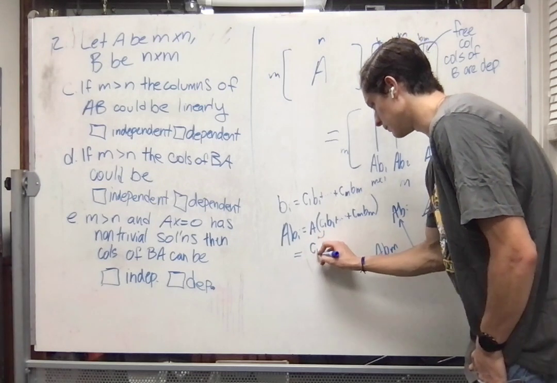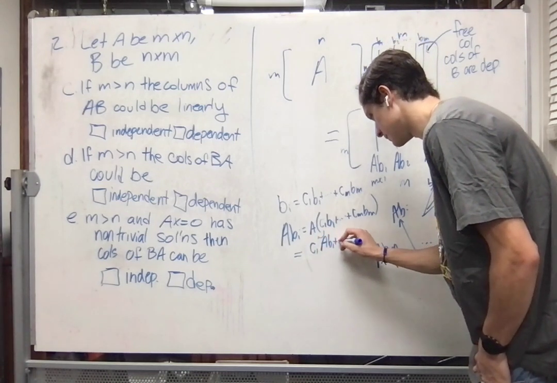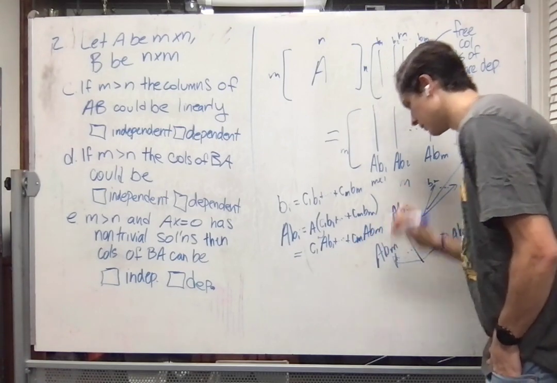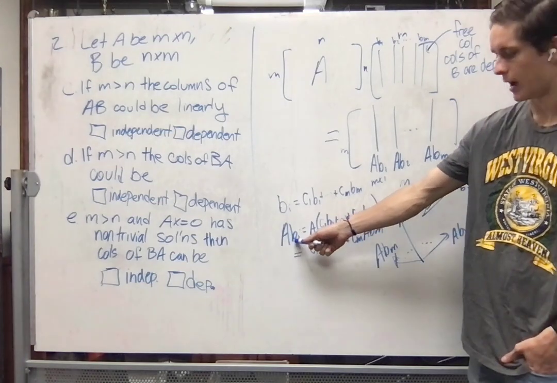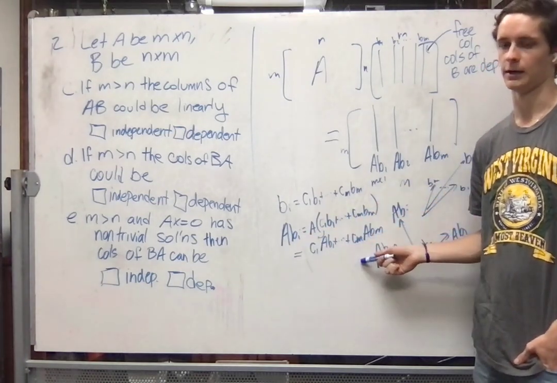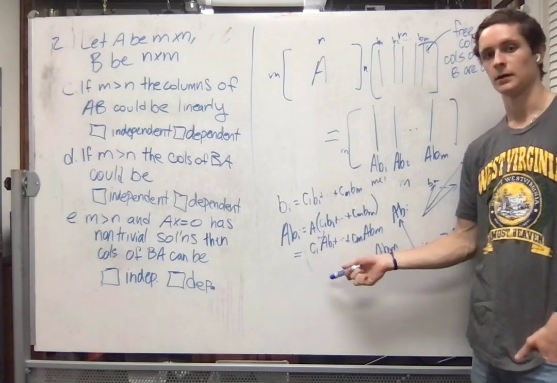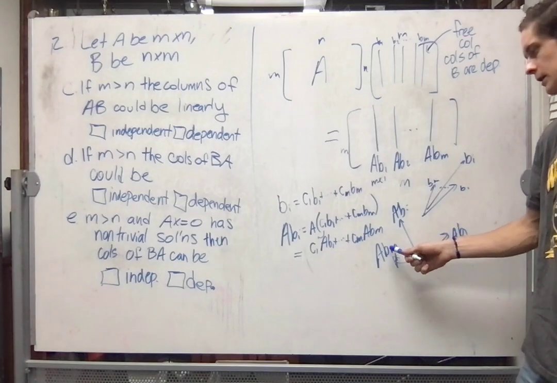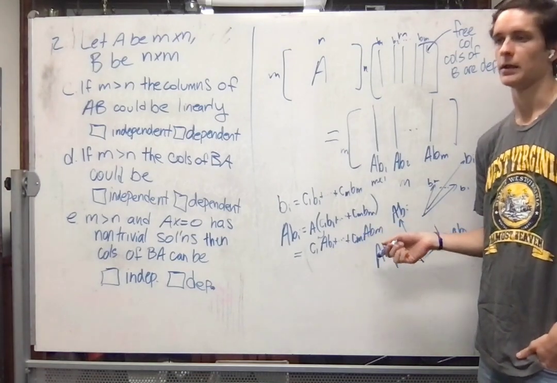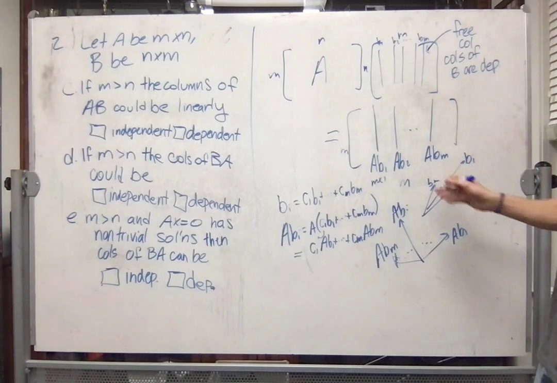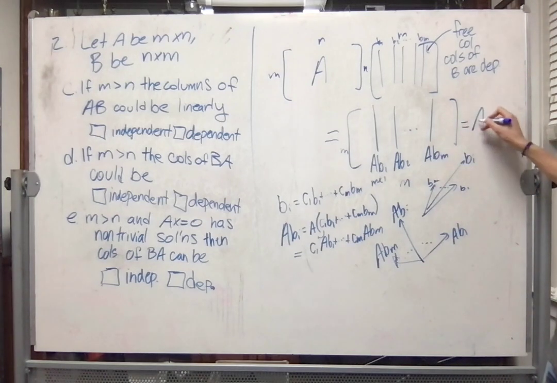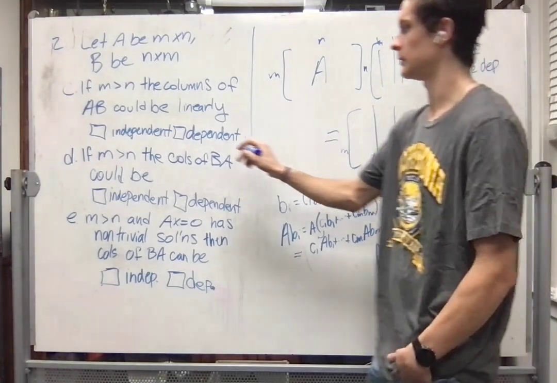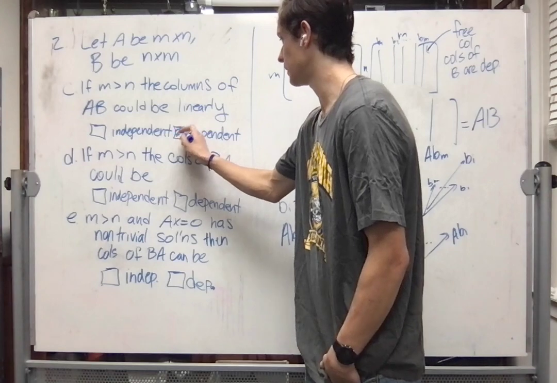So it's going to be c1 AB1 plus dot dot dot plus cm ABm. So now we've expressed ABi as a linear combination of the rest of the ABs. So this whole set of the ABs is not going to be independent. The columns of AB have to be dependent. So we'll put this box.